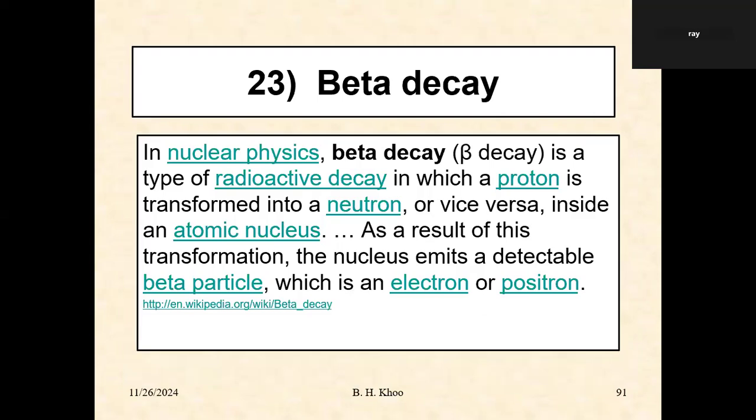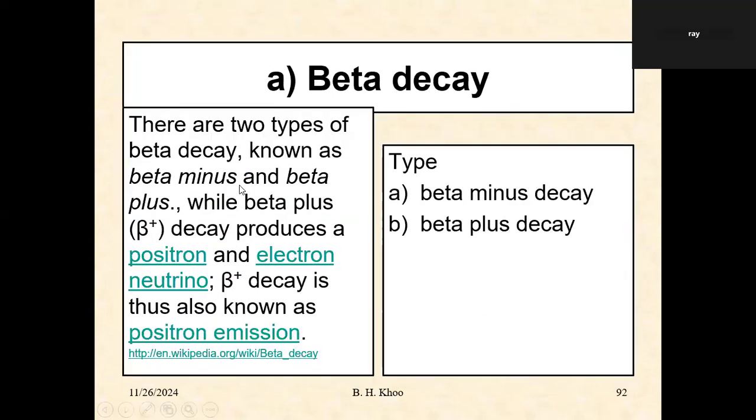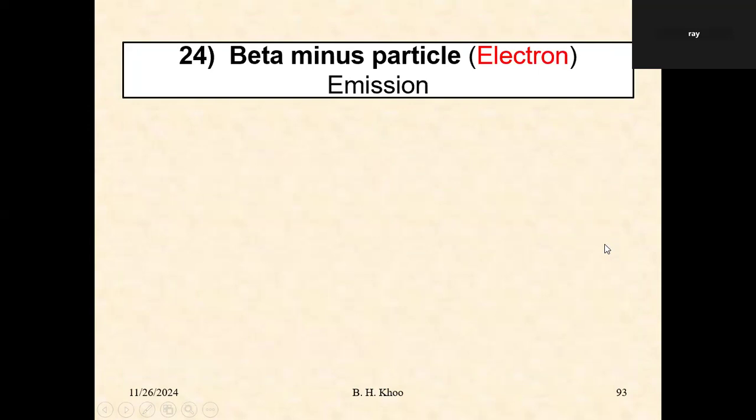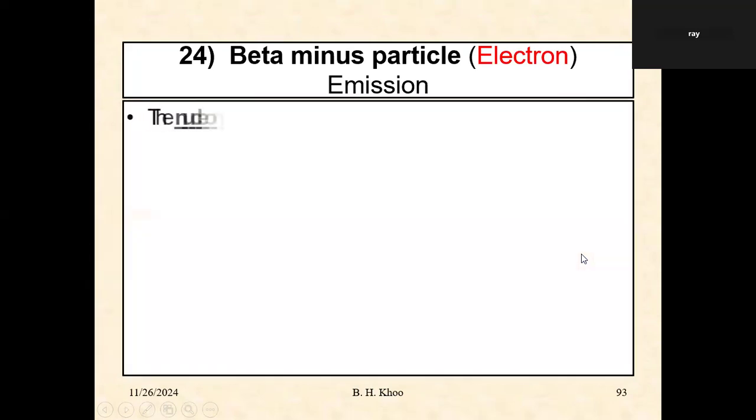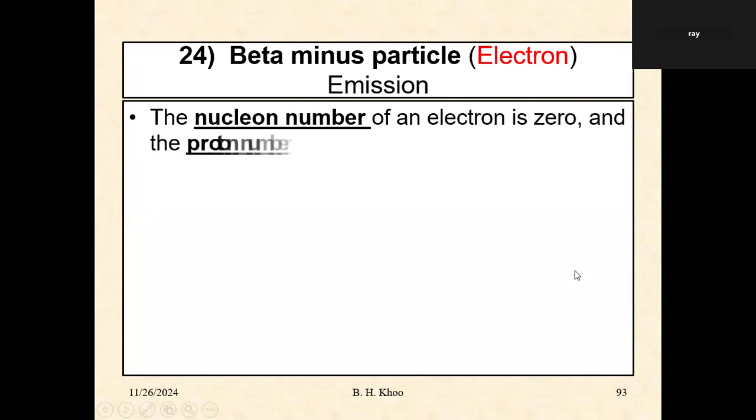Okay, beta decay. Basically, there are two types. One is beta minus, one is beta plus. Beta minus emission will be electron emission. The nucleon number of an electron is 0, and the proton number is -1.